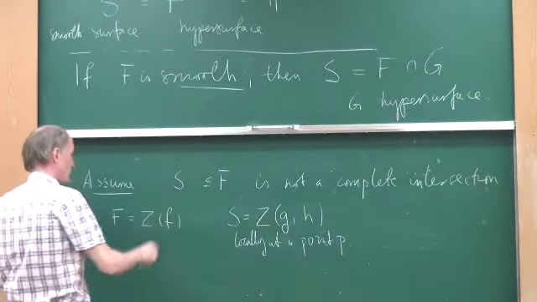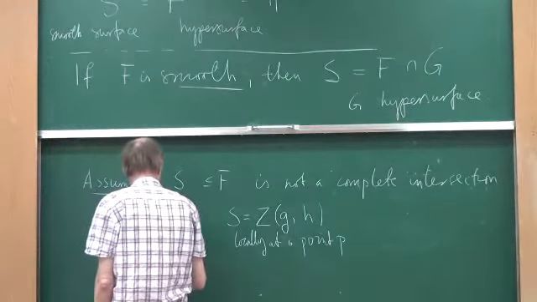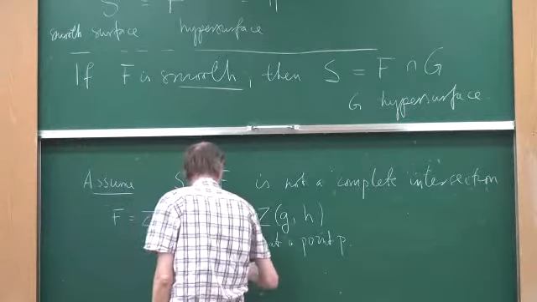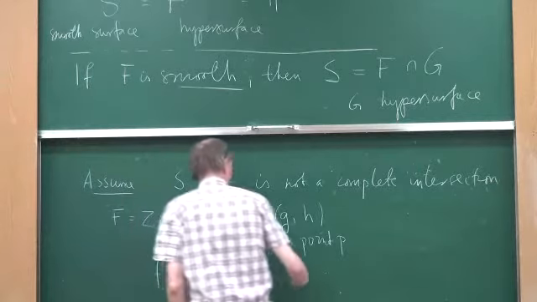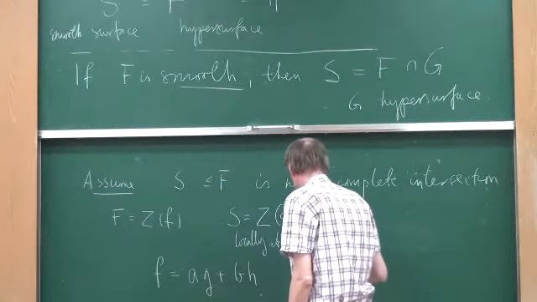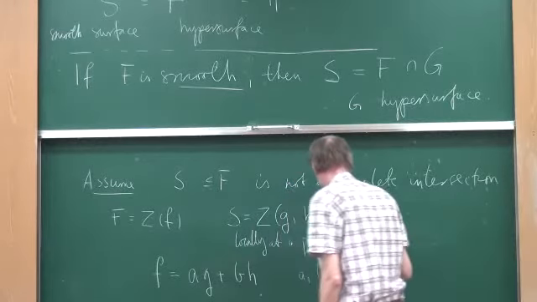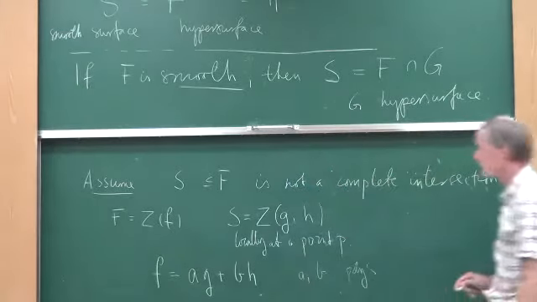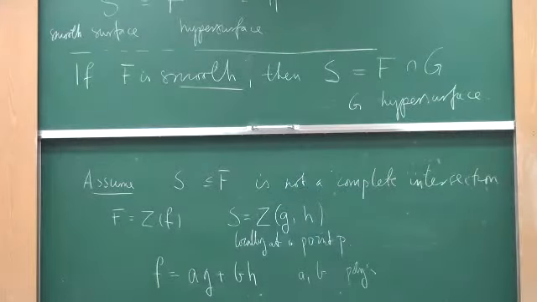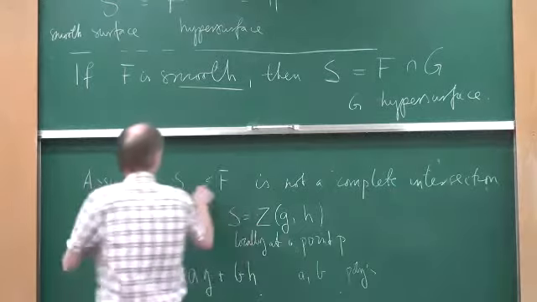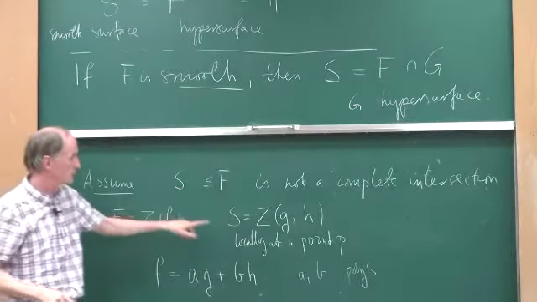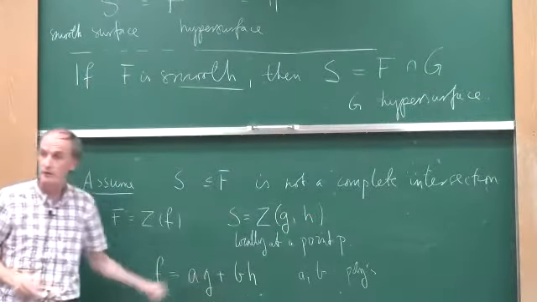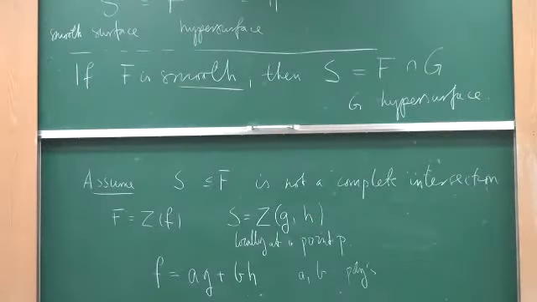Then I can write F as AG plus BH for A and B polynomials, because F contains S. So if the ideal here is generated by these two guys, then I should have an expression like that.